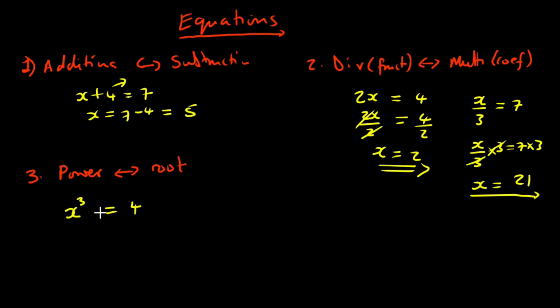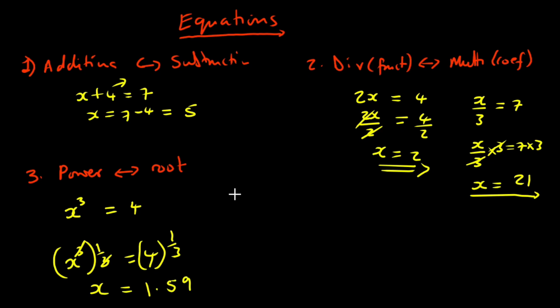This power is removed by root equivalent to that. But the best way to think about it is x to the power 3, we need to remove this from here. So we put the reciprocal of that: x is equals to 4 to the power 1 over 3. You can punch your calculator and then tell us the answer.